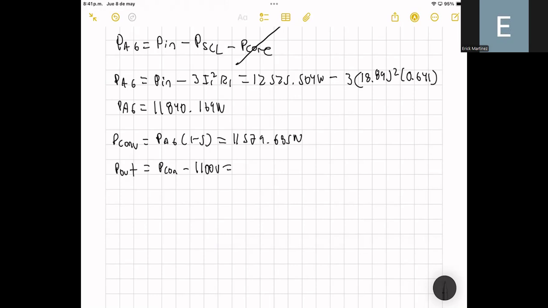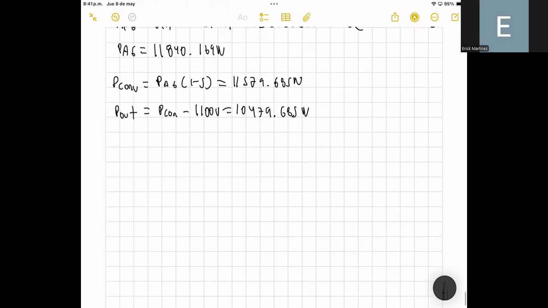Okay, so if we subtract this value from the converted power, you will get 10,479.685 watts. Okay, so this is the output power.